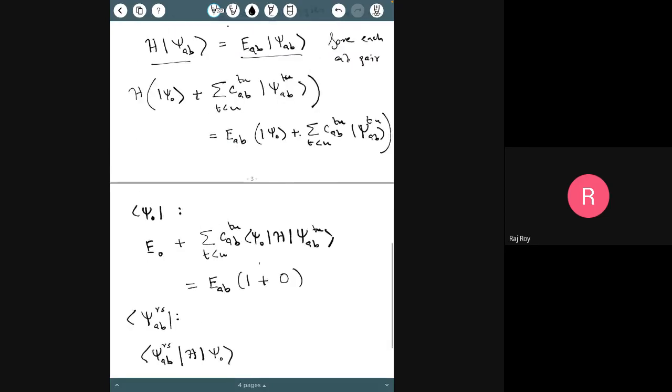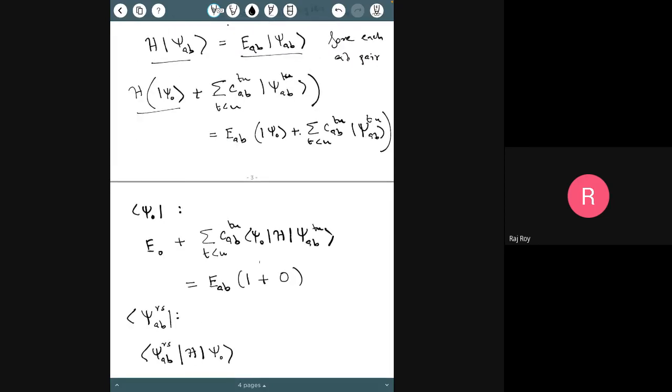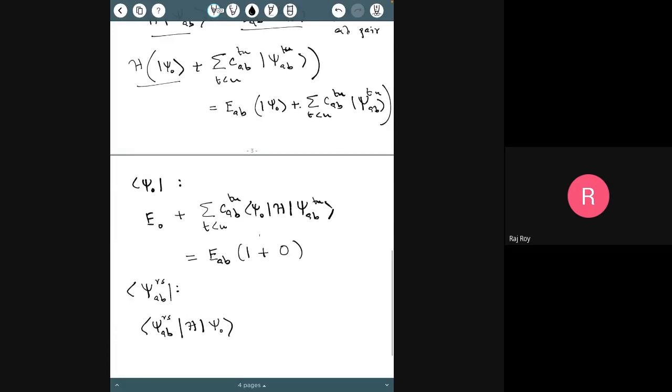Now we have an H here, so it's not 0. And then we have the sum over T not equal to U of psi AB to RS H psi AB to TU, multiplied by CAB to TU.